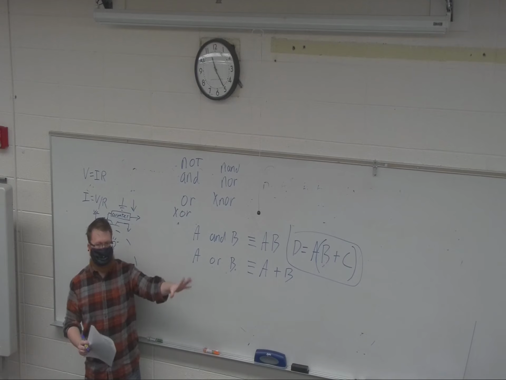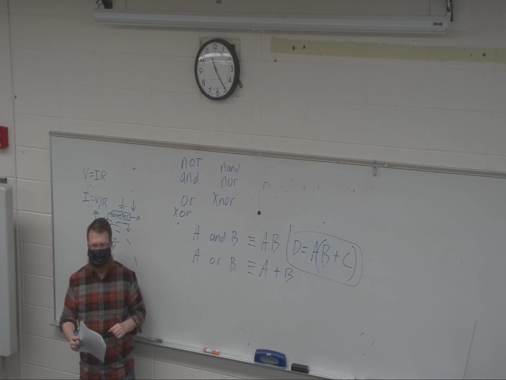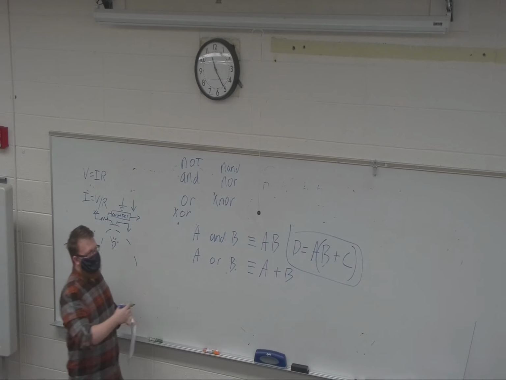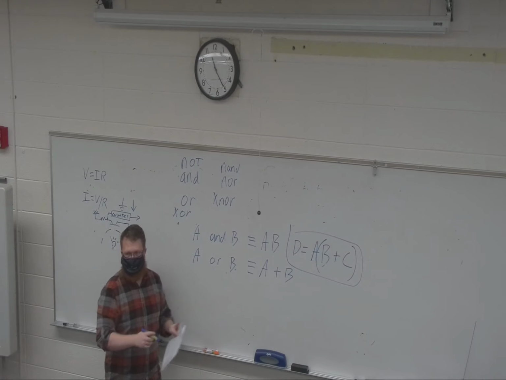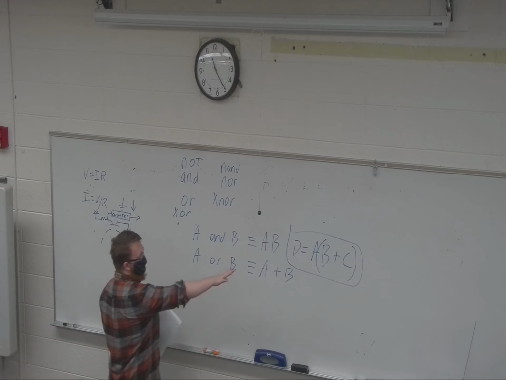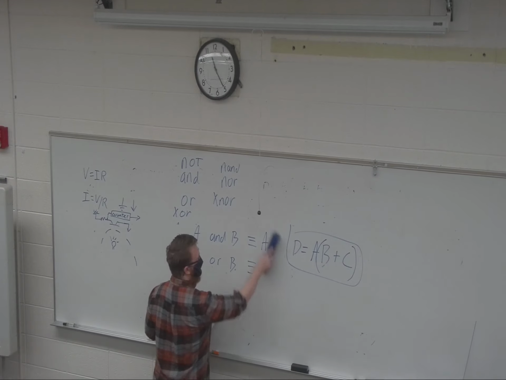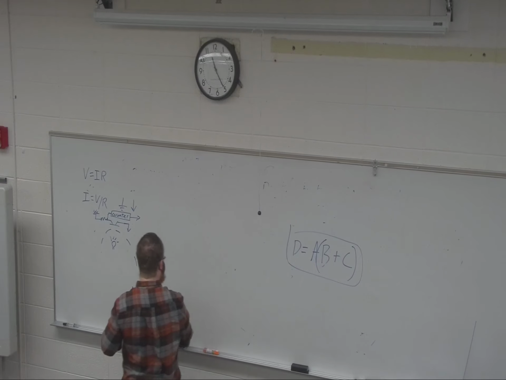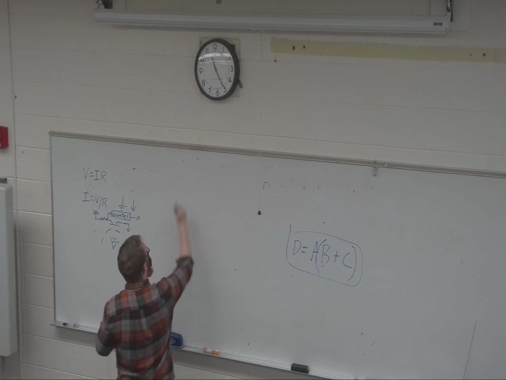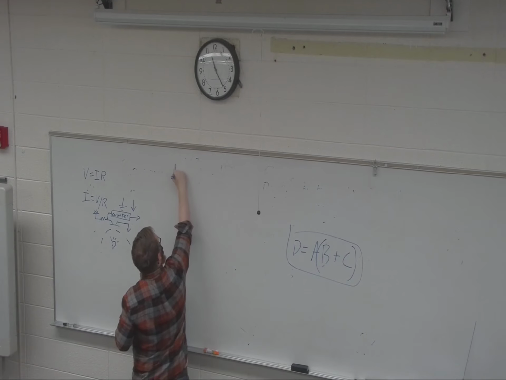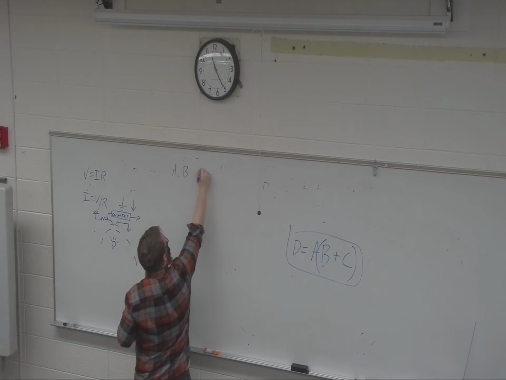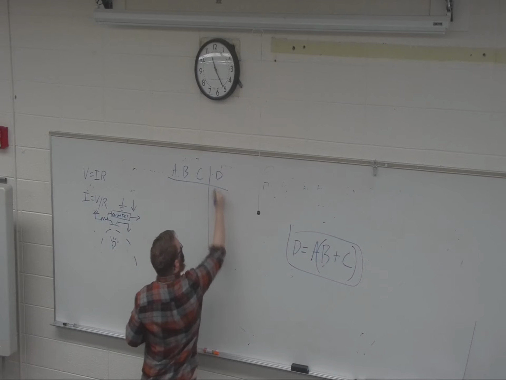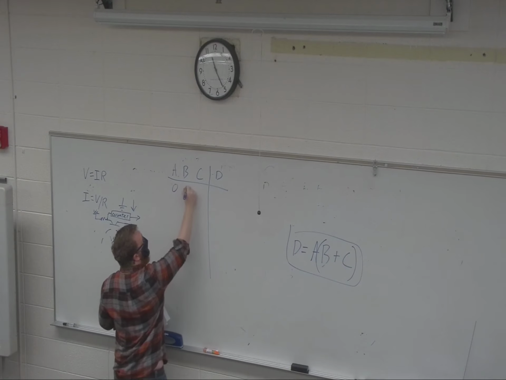So you could do B or C and A. And then you can start drawing out a truth table for that, right? So let's take that truth table. I'll just do a couple of these.